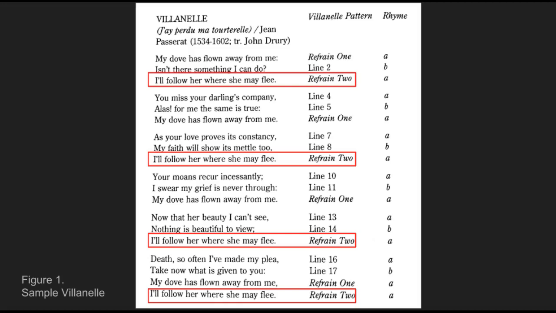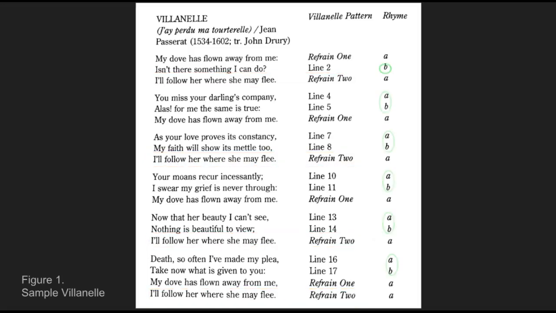So it's got to be word for word, and it's also got to make sense. The other lines, the smaller A's and B's, are located here, and they can be whatever word you want, but it's got to rhyme A and B, just to give you an idea. So if you look at this poem called Villanelle, translated by John Drury, let's go ahead and read this one.